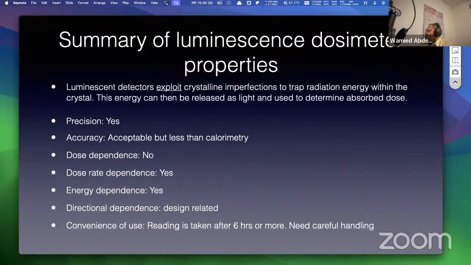Now, some of these trapped electrons might actually gain some energy, even at room temperature, and they will emit light before reading them.